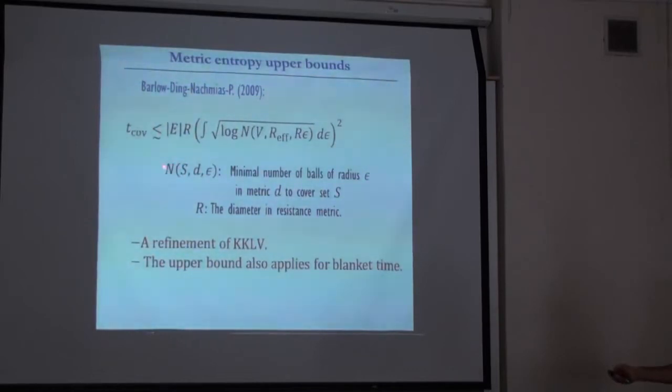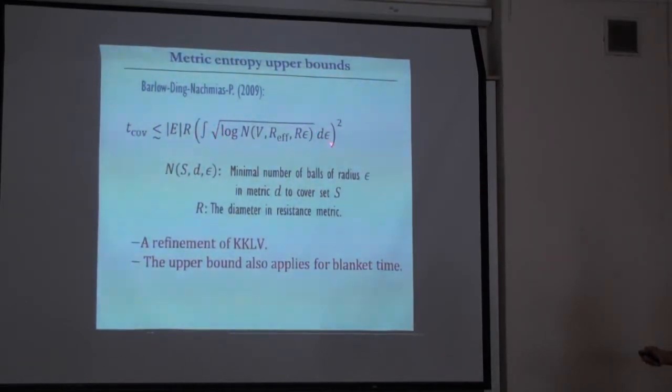So here is some notation: N(S, d, epsilon) is the minimal number of epsilon balls in a metric needed to cover a set. R is the diameter in the resistance metric. So remember, I told you the resistances form a metric before, because they're essentially the commute times. So you look at the number of balls of radius r epsilon needed in this effective resistance metric to cover your vertex set.